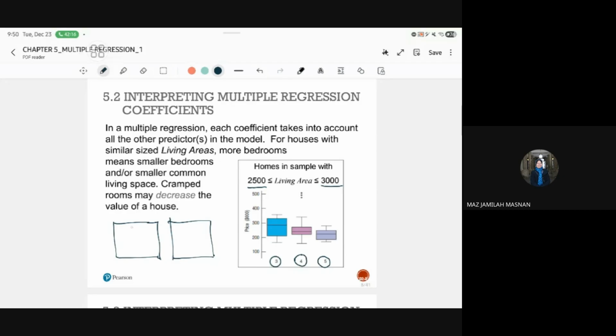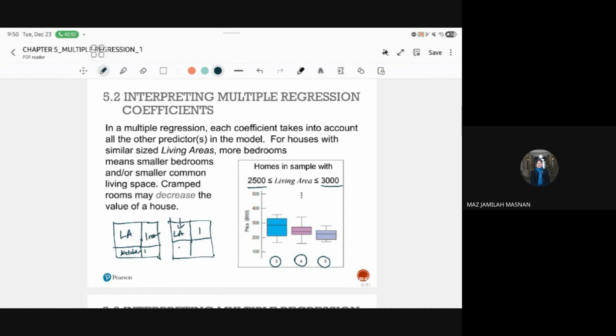Imagine you have the same square footage of a house, but you are talking about more rooms versus the living area. If you want a bigger living area, let's say we divide it so this one is your living area, this one will be your room, so one room only. This one may be a kitchen, this one may be something else. If you want to add more rooms, you will have to decrease the living area.